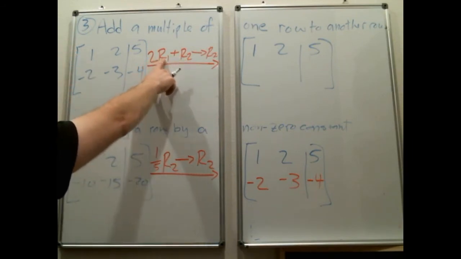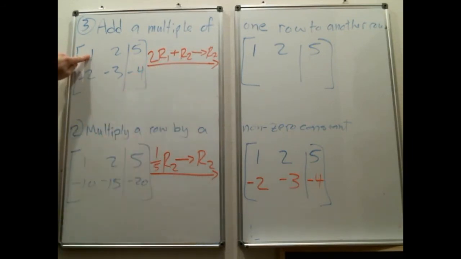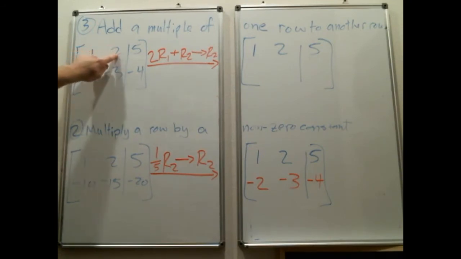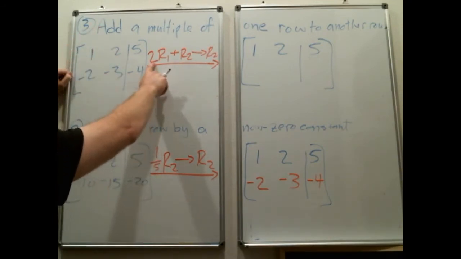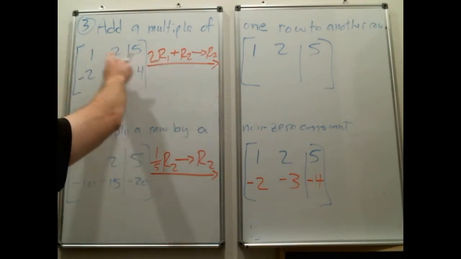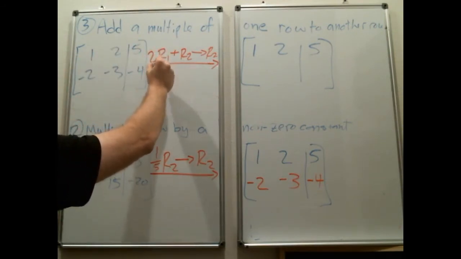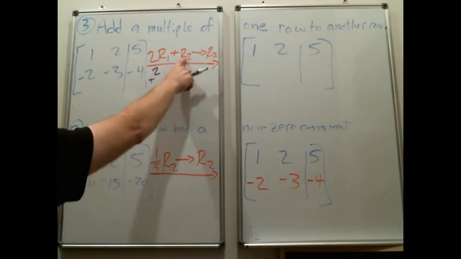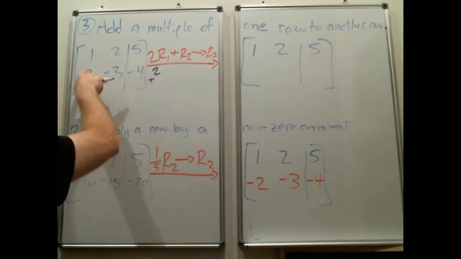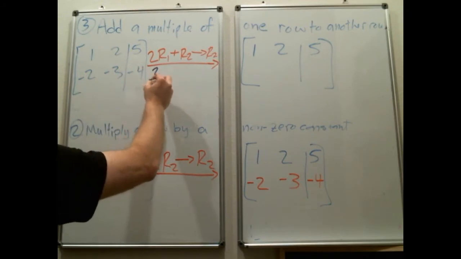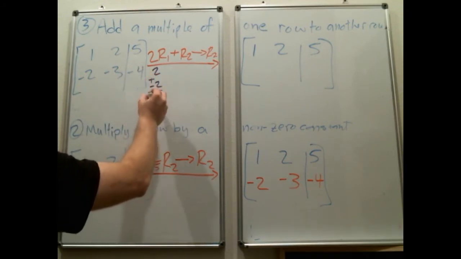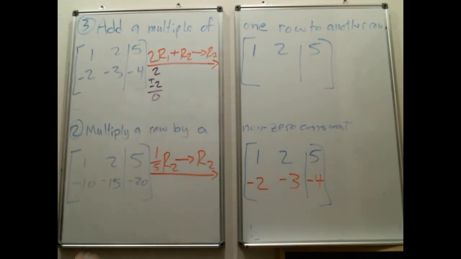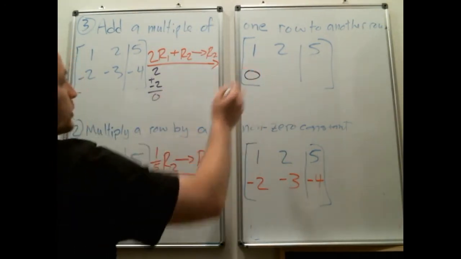So 2 times row 1, which is a 1 in this case. So start with this entry, and then you just keep moving on. 2 times row 1, so 2 times 1 is 2. And then you're adding that to row 2. And the entry here is negative 2. So 2 plus a negative 2 gives you 0. And that is what your new row 2 is.